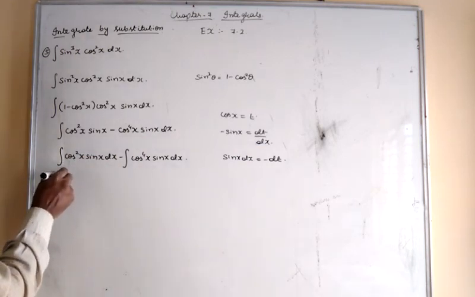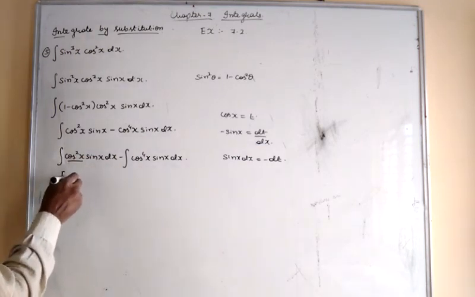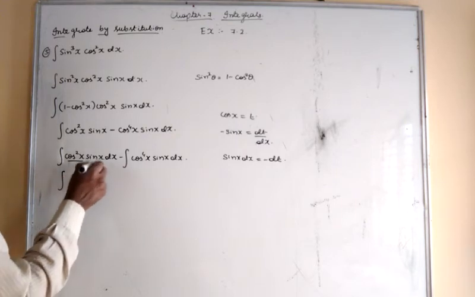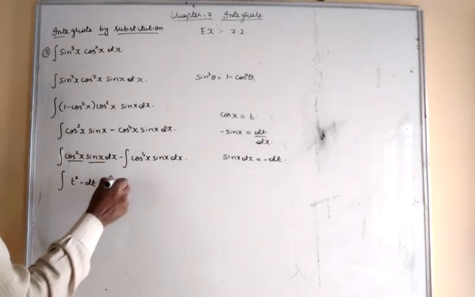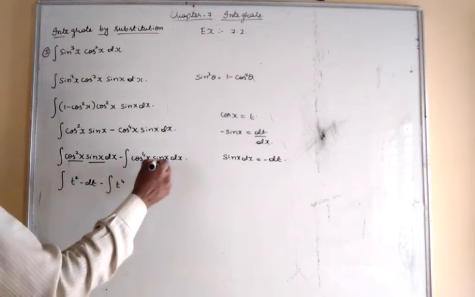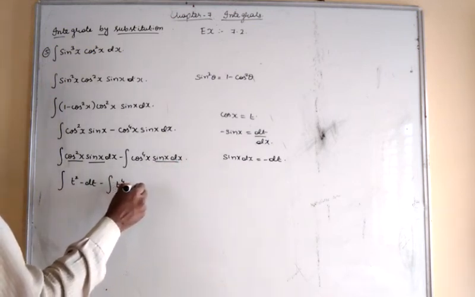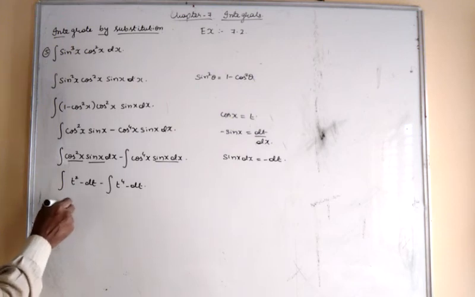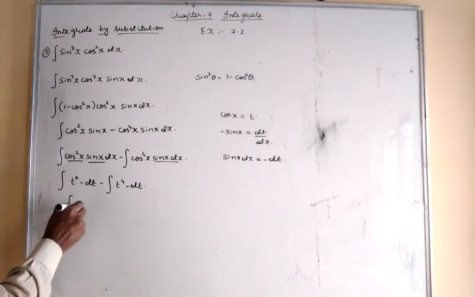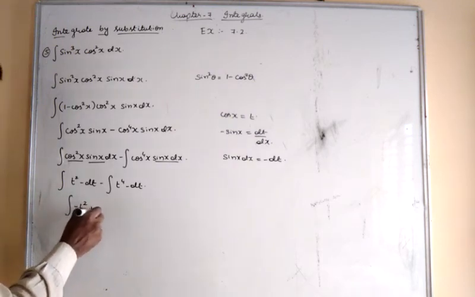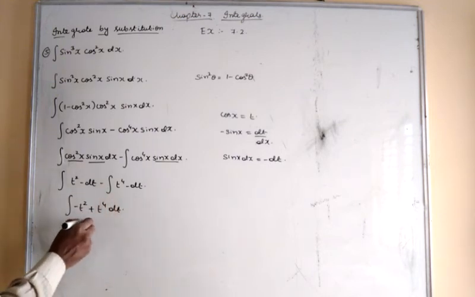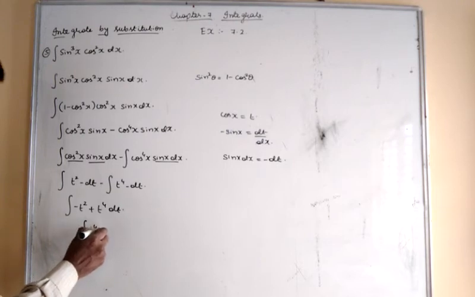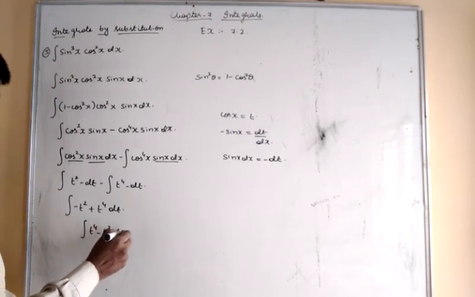Again you can substitute this as t square, this as minus dt, then t to the power of 4, this as minus dt. That can be written as minus t square plus t to the power of 4 dt, or you can write t to the power of 4 minus t square dt.